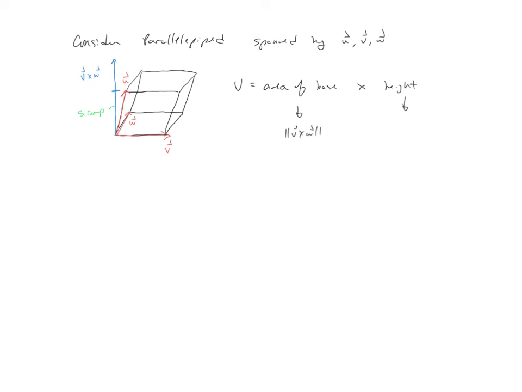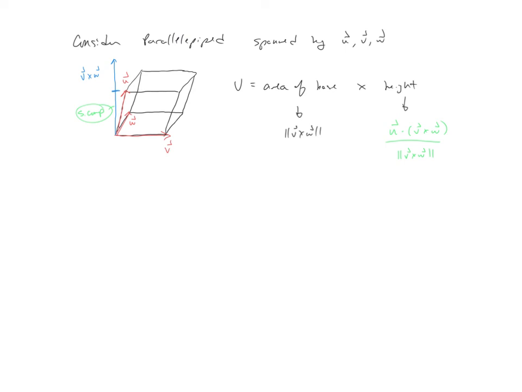And that scalar component is the same one that we found or worked with in an earlier section, but now, of course, we just have different vectors. So we're going to have, following that formula, u dot v cross w divided by the magnitude of v cross w. And so again, I would encourage you to go back and look at that formula and see how it relates to the vectors we have now, the u vector and the vector v cross w. So that's all that is, the scalar component from the other day.